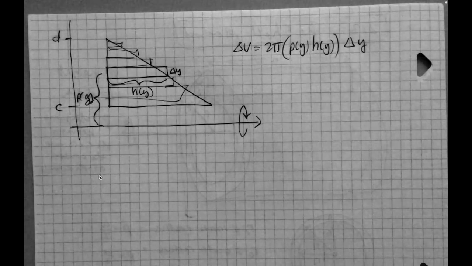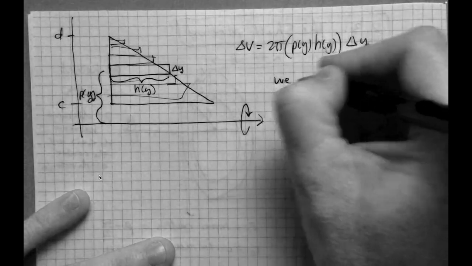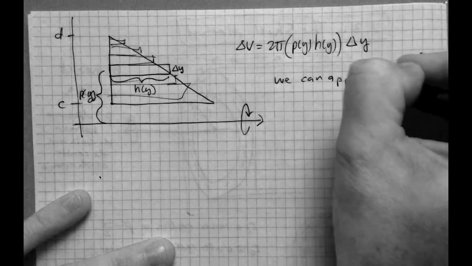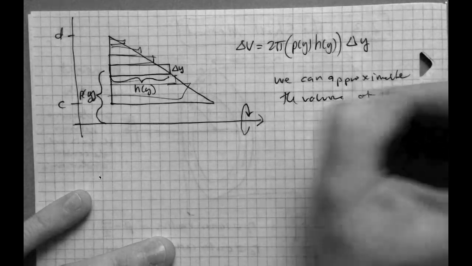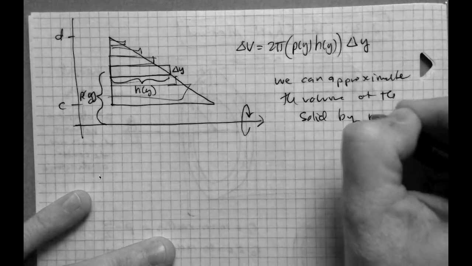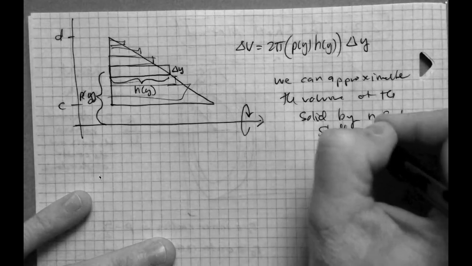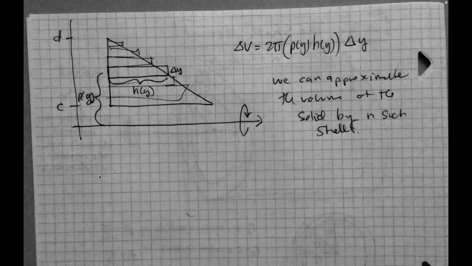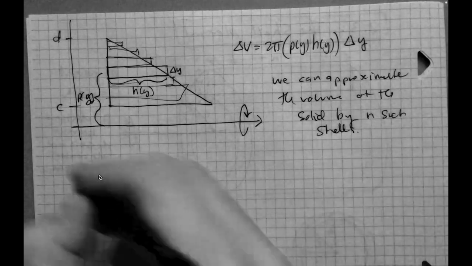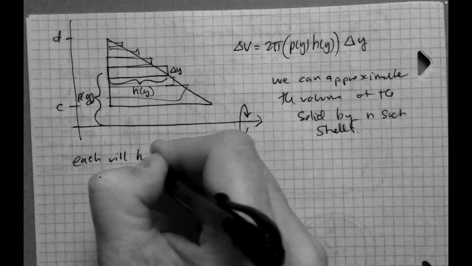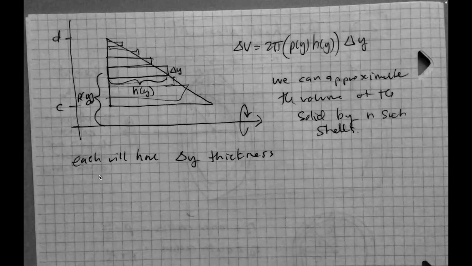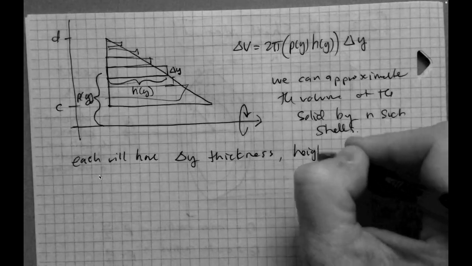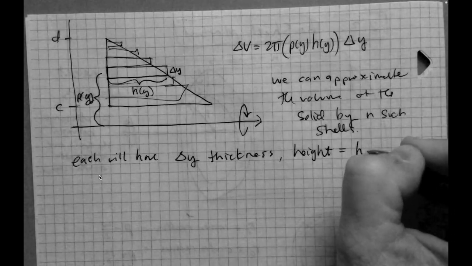So we can approximate the volume of the solid by n such shells. Each of them will have the same thickness, delta y, and height h of yi.